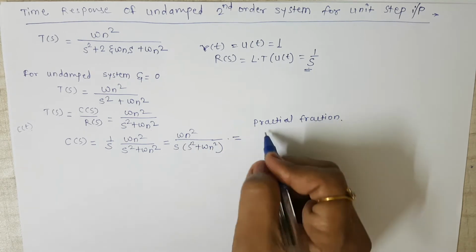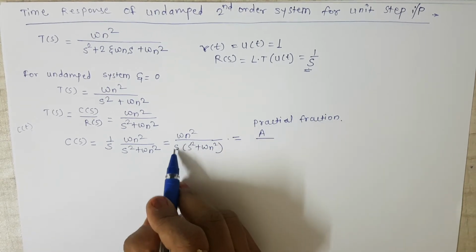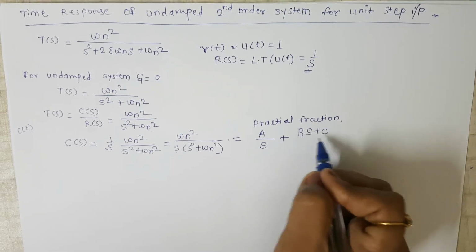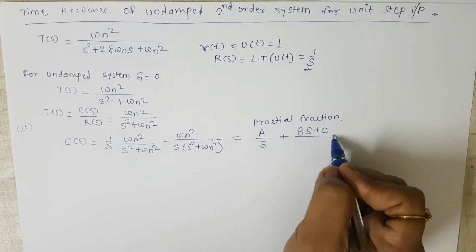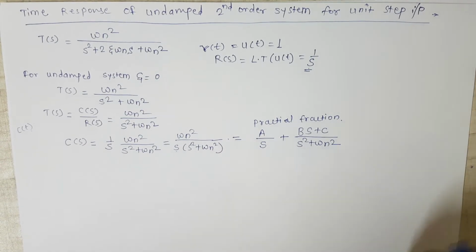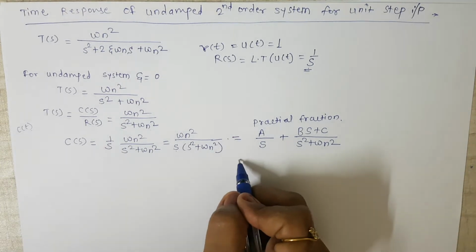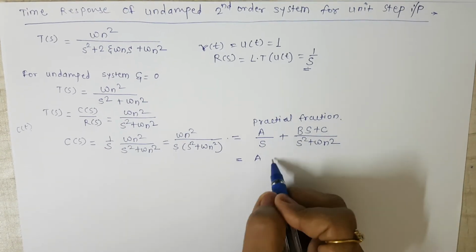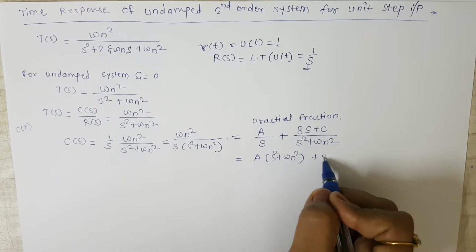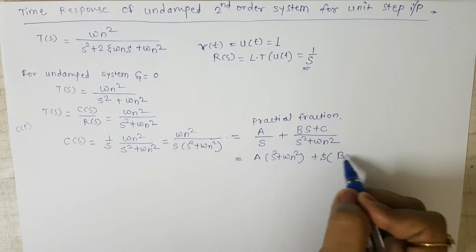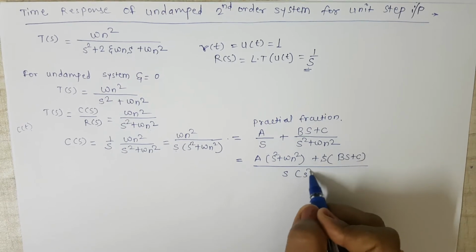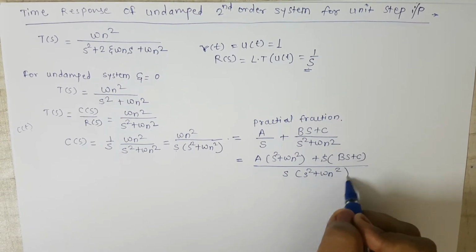So suppose I have taken variable A by S plus BS plus C upon S square plus omega n square. I will write like this. Okay. So after this cross multiplication, we'll get A into S square plus omega n square plus S into BS plus C upon S into S square plus omega n square.